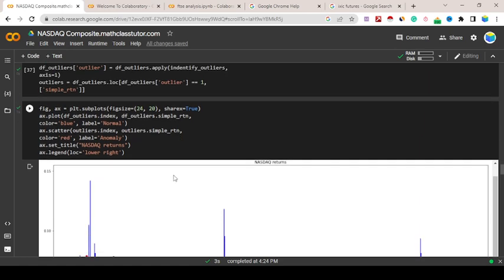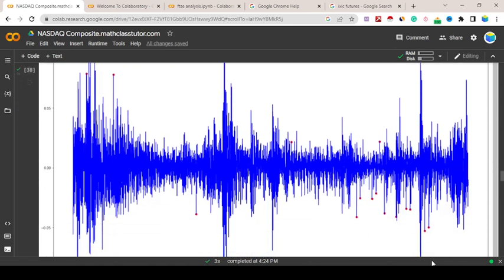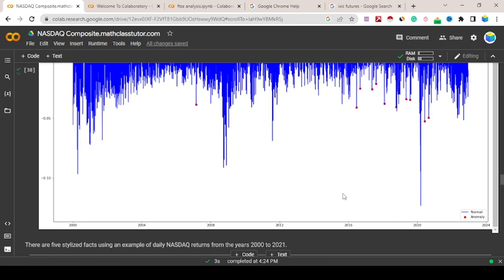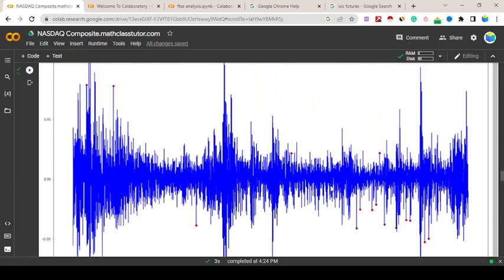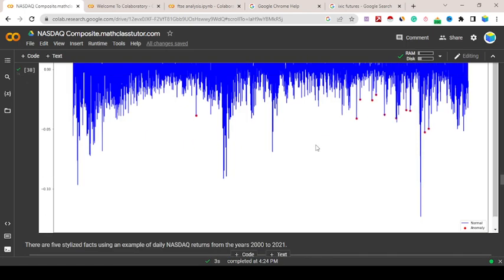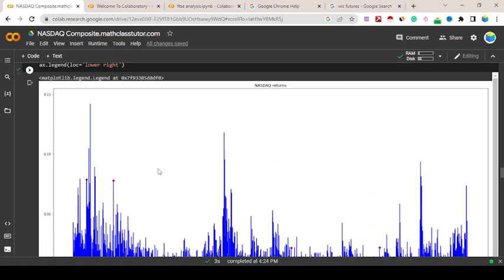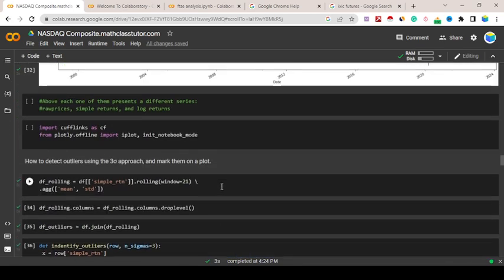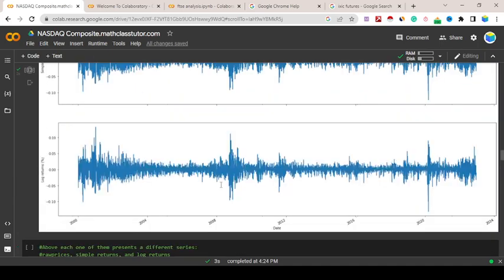So let's see what the plot looks like. The outliers are red-colored dots, and these are the normals. Most of the time the outliers, because I have taken 5%, so we can see here 5%.